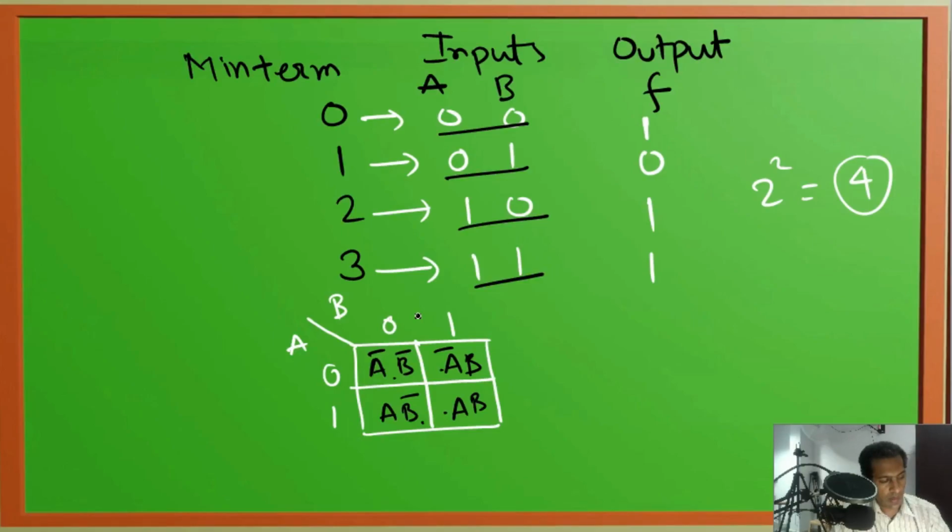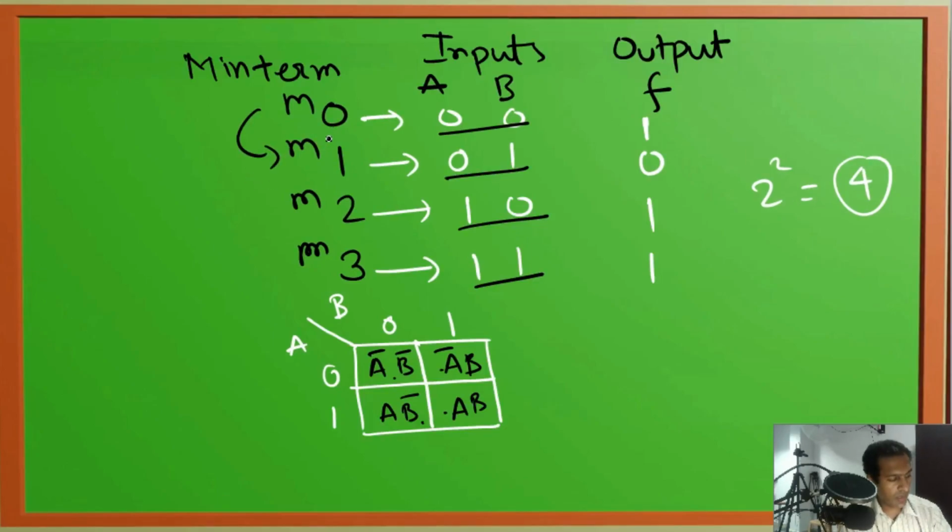Two squares are said to be adjacent to each other if their min terms differ in only one variable. For example, in a two variable K-map, this is M0, this is M1, this is M2, this is M3.